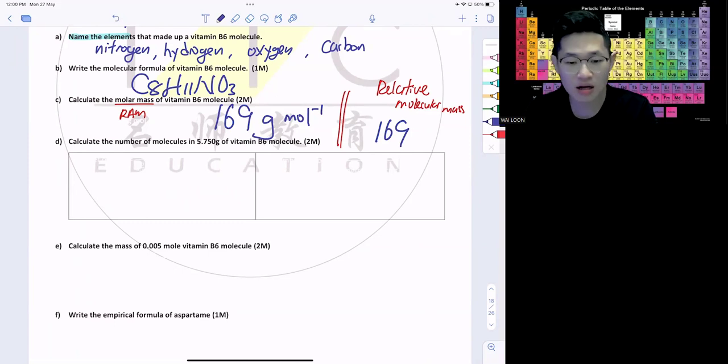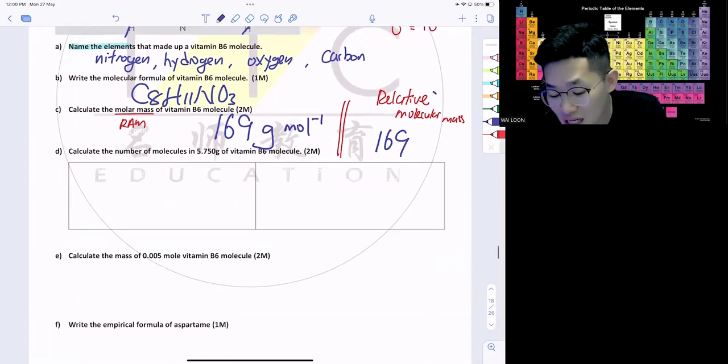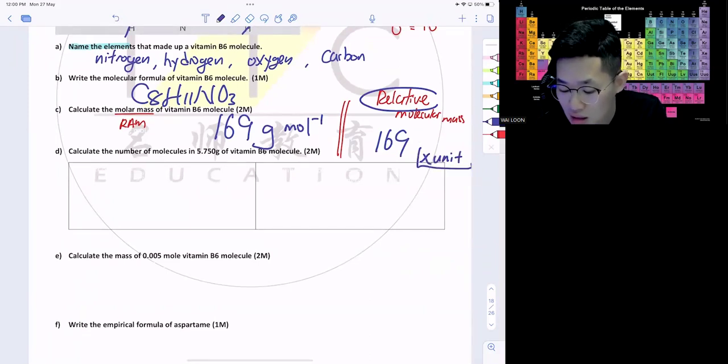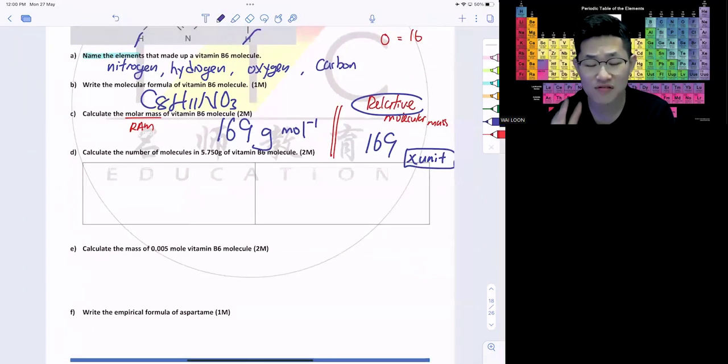So you can correct. Relative mass has no unit. When the question is asking for relative mass, don't write any unit. If they ask molar mass, it's gram per mole.